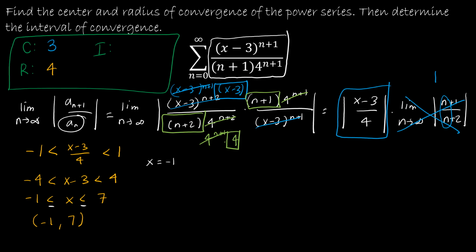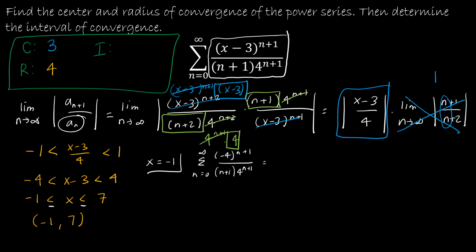And then I'm going to do the same for 7. So starting with x equals -1, I'm going to take my original expression, the summation as n goes from 0 to infinity, and instead of x I get -1. So -1 minus 3, which gives me -4 to the n plus 1 over n plus 1 times 4 to the n plus 1.